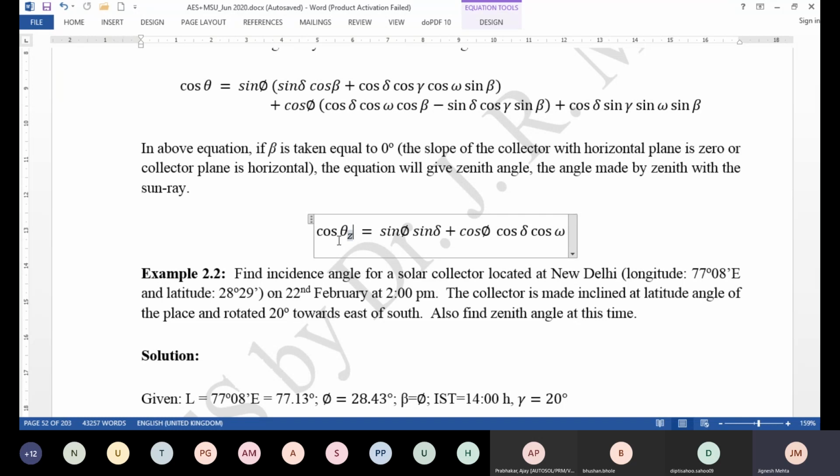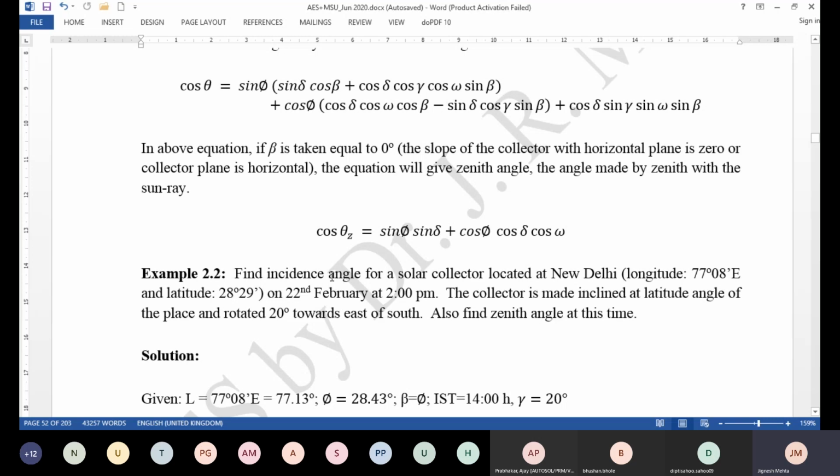You can try that. Then sometimes the collector may be kept exactly facing the south. It means your gamma is equal to 0. If gamma is equal to 0, what are the changes that will happen in this formula? You can do those kinds of simplifications for special cases.